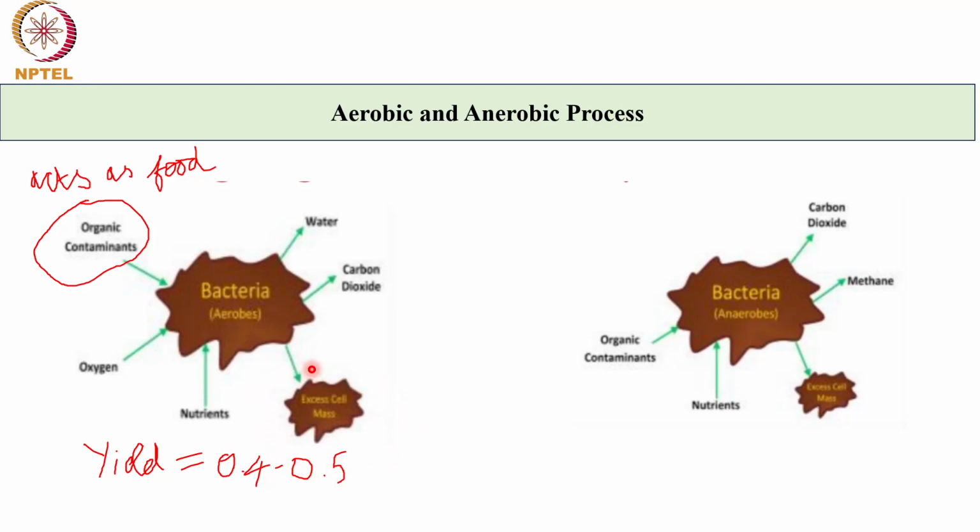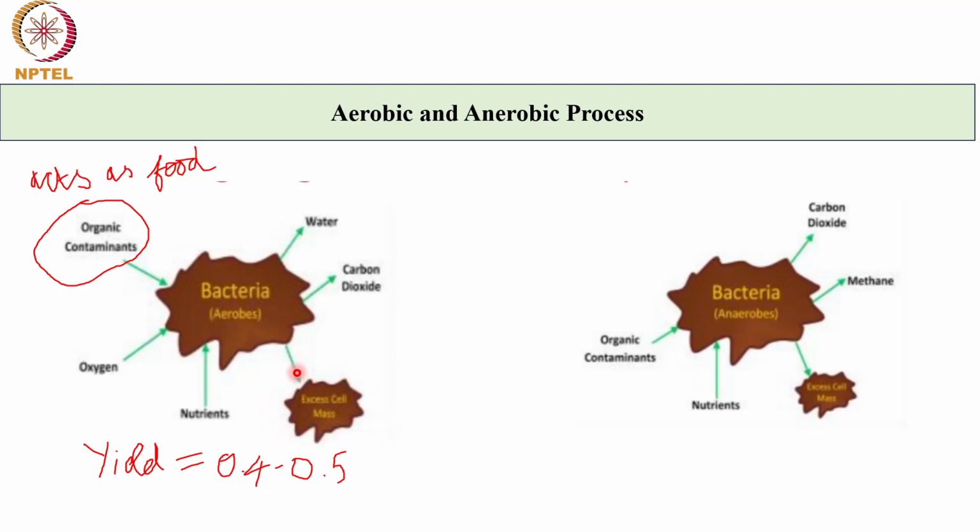This nitrogen and phosphorus are used only for bodybuilding and for functioning. It is not converted to some other thing. So in the case of heterotrophs, only a very small amount of nitrogen can be removed, and mostly the removal will be carbon removal because that is getting converted to CO2. And the yield will be about 0.4 to 0.5.